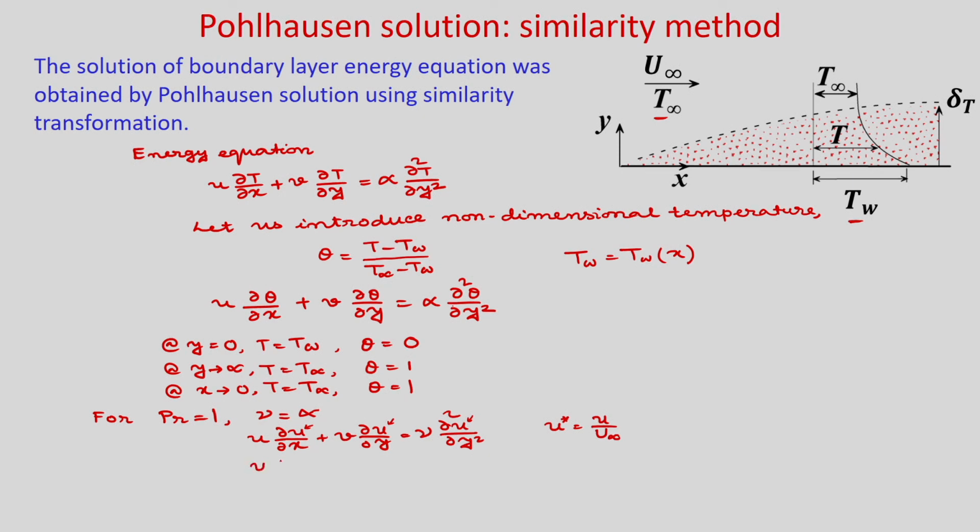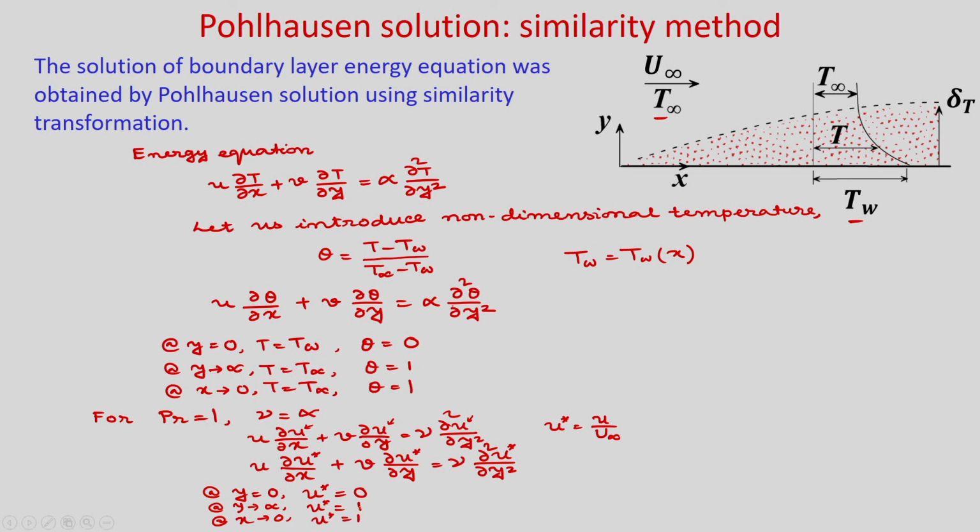Then you can write u del u star by del x plus v del u star by del y is equal to nu del 2 u star by del y square. And what are the boundary conditions for this equation? At y is equal to 0, okay, u star is equal to 0, no slip boundary condition. At y tends to infinity, you have u star is equal to 1, and at x tends to 0, you have u star is equal to 1.